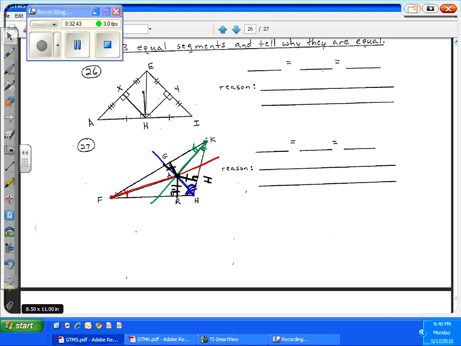You couldn't see the I here. Segment AG is equal to segment AR, which is equal to segment AI, because the bisectors of the angles of a triangle intersect at a point equidistant from the sides of the triangle.